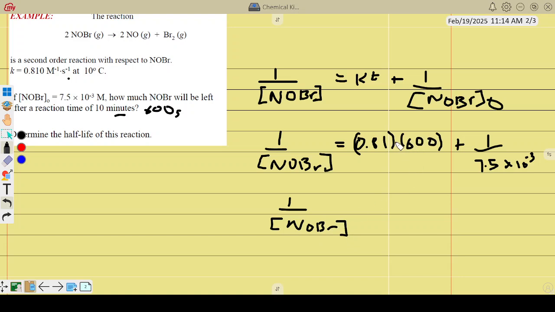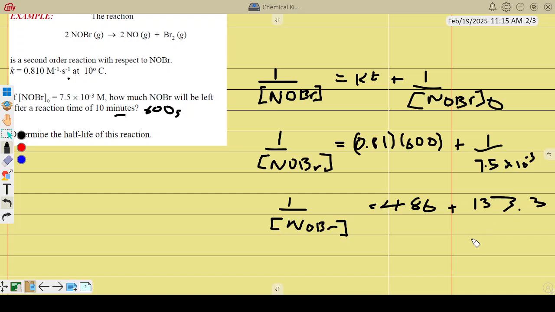So you multiply here. What is 0.81 times 600? You get 486, plus. Because we're using calculators, it's okay if we don't make it a single fraction. You just divide: 1 divided by 7.5 times 10 power negative 3. You get 133.3.